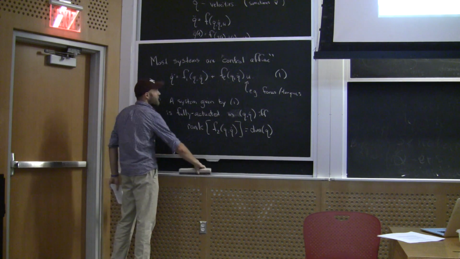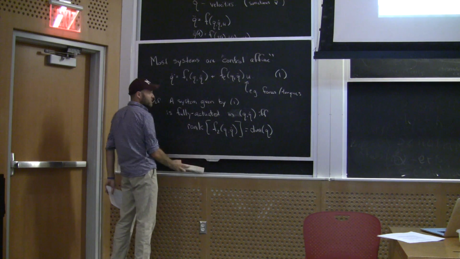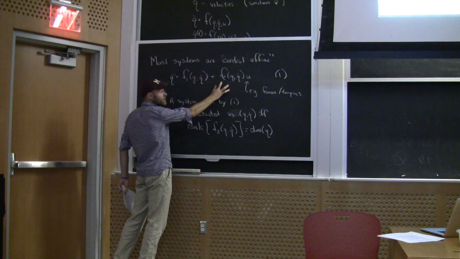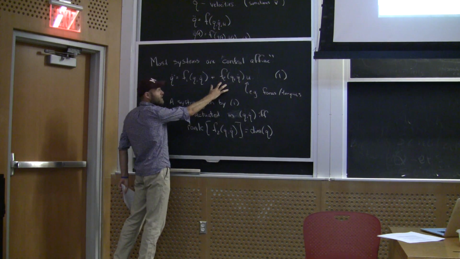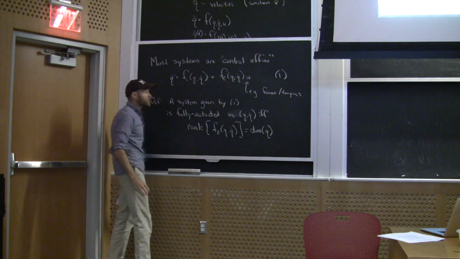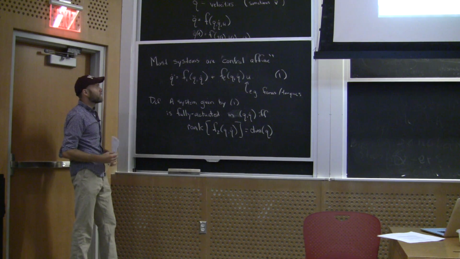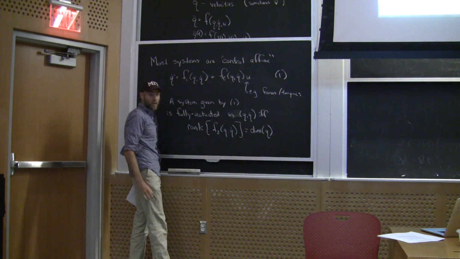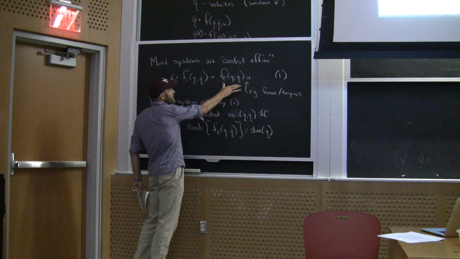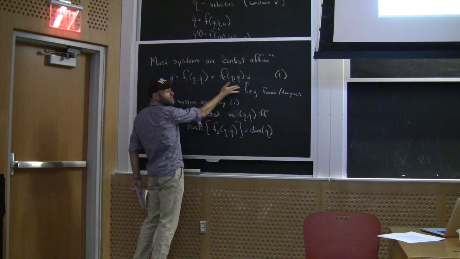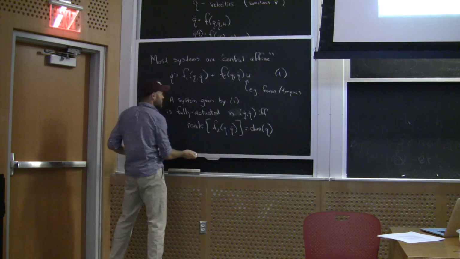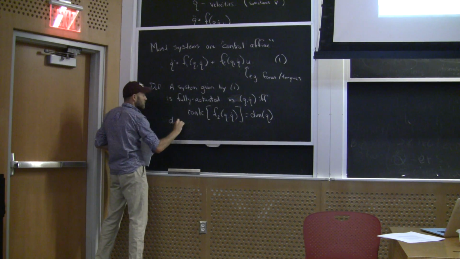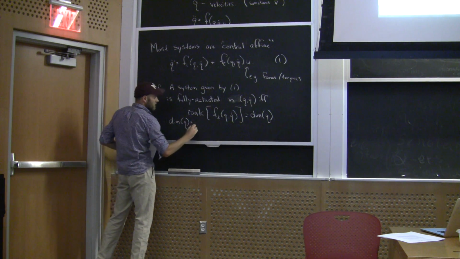So the role that F2 plays in this function, this is a vector valued function, so F2 is a matrix valued function of its inputs, Q and Q dot, right? So for any particular Q and Q dot, F2 is a matrix, right? That matrix will have some rank. Let's think about the size of that matrix. So let's say that the dimension of Q is n, right?